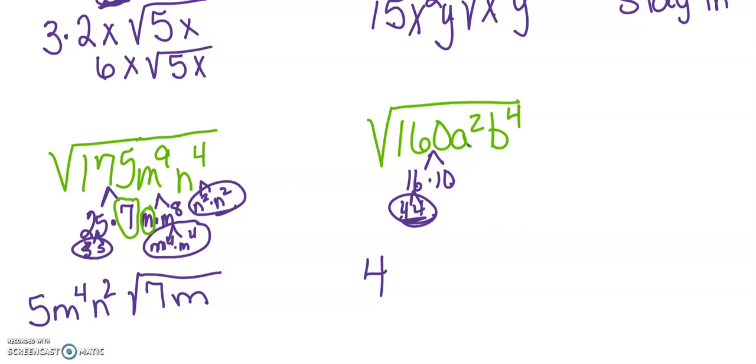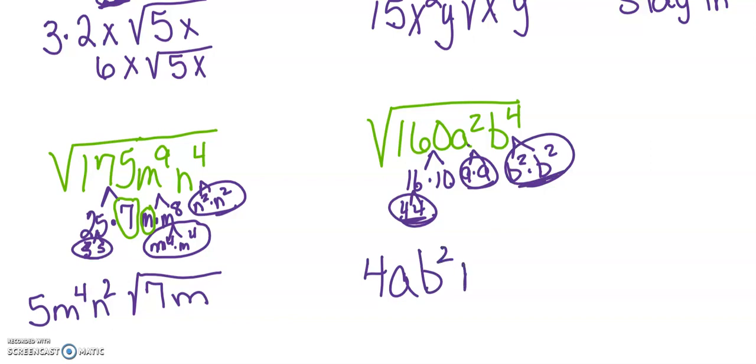Okay? A squared can be written as a times a. That's 2 of a kind. It can come out. B to the 4 can be written as b squared, b squared. That's 2 of a kind. It can come out. So I had one term that didn't pair up, and that was 10.